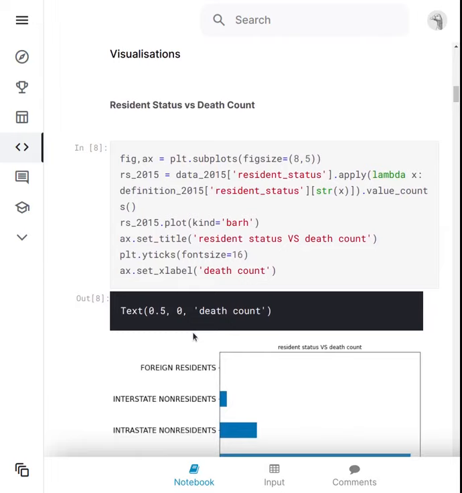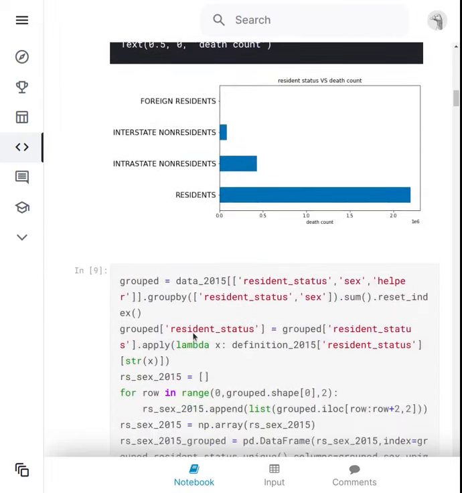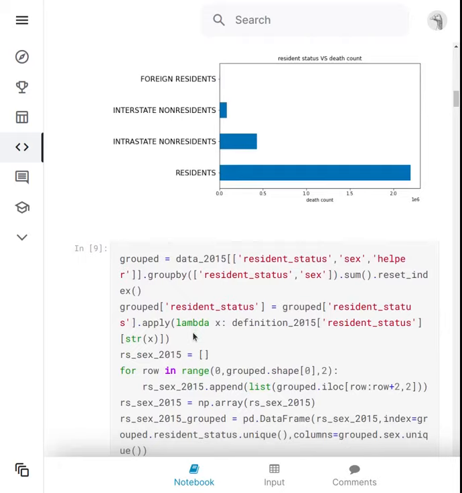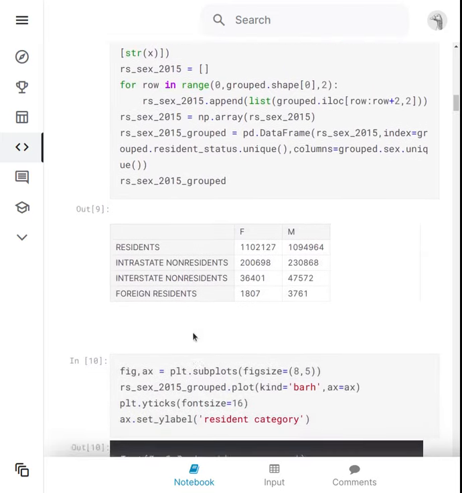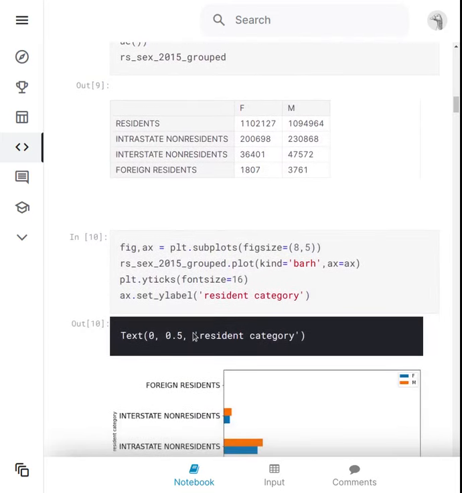First, we are visualizing resident status versus death count, and we found that the maximum deaths are of the people who reside there. To understand it more, we divide the data and group it by sex.